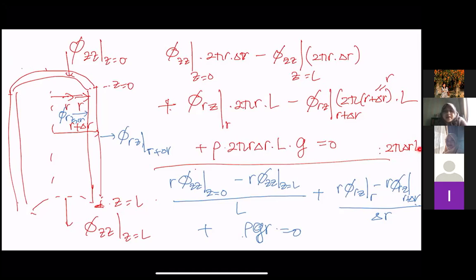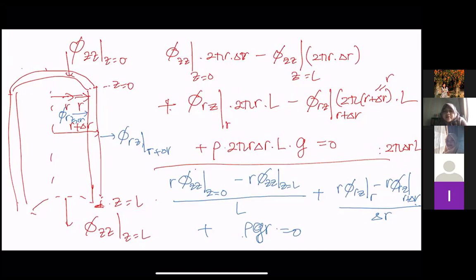So that's why here we can divide them by 2 pi, because on all of the sides we have 2 pi, so this can be implied, and we can just eliminate all of them.